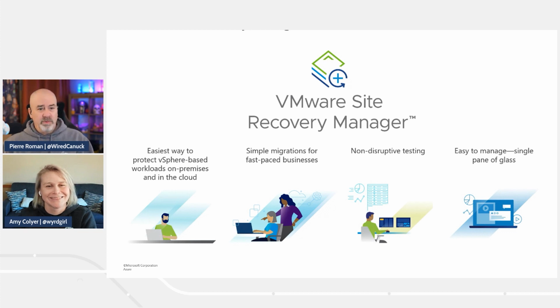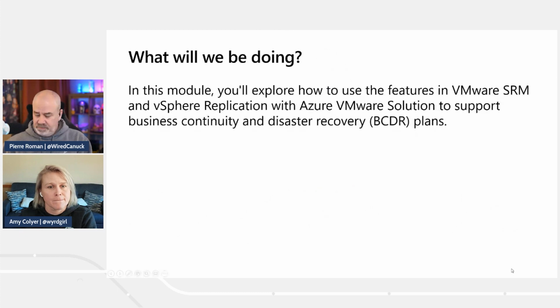So what are we going to do while we're checking this out? Well, we're going to show how you can use VMware SRM and vSphere Replication with the Azure VMware Solution. So not only does it work on VMware, you can also use it in AVS. So it's pretty cool.